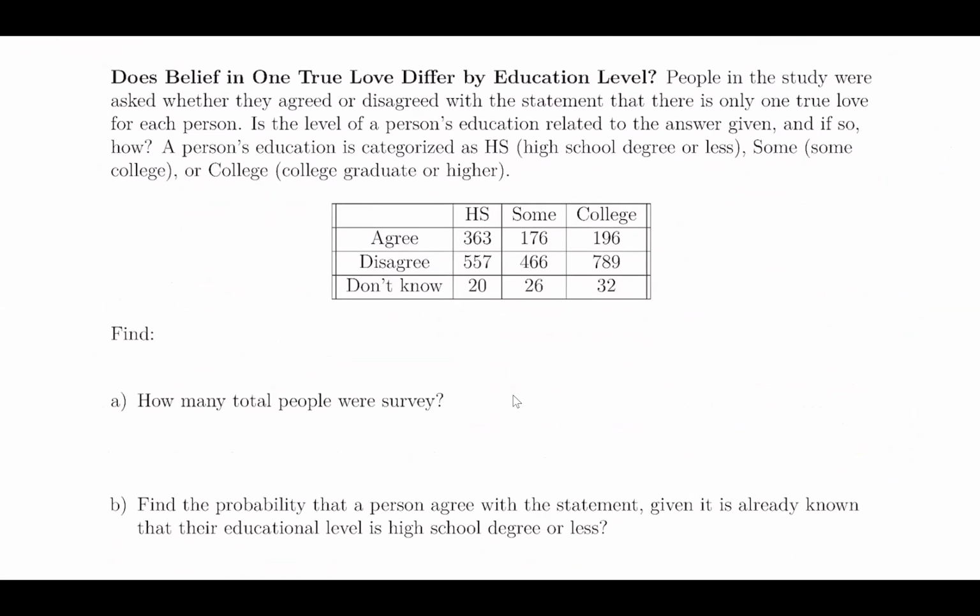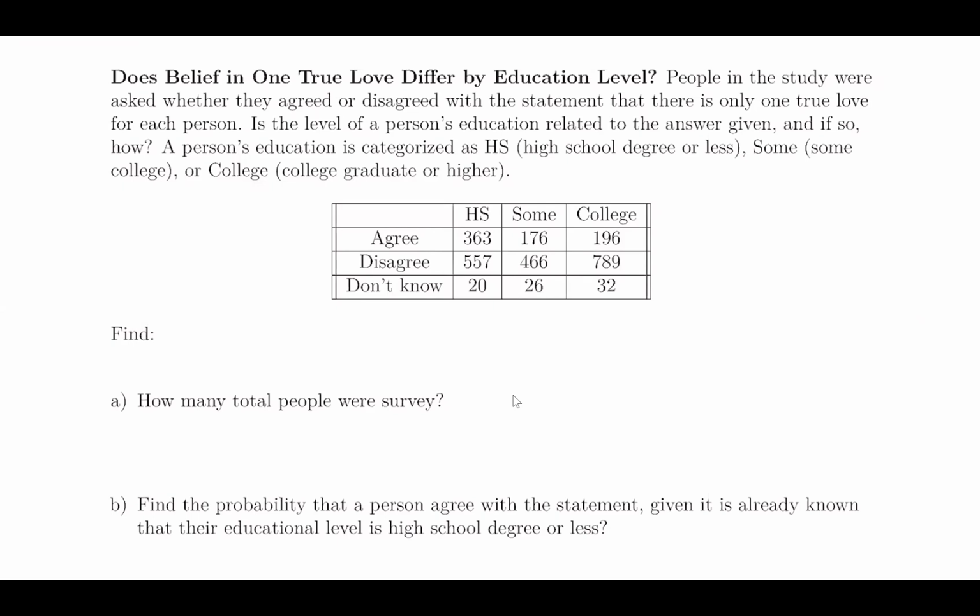All right, so let's do this fun problem. For this one, we want to see if your education level affects the way that you think about true love. So let's read the problem. It says people in a study were asked whether they agree or disagree with the statement that there is only one true love for each person. Is the level of a person's education related to the answer given?